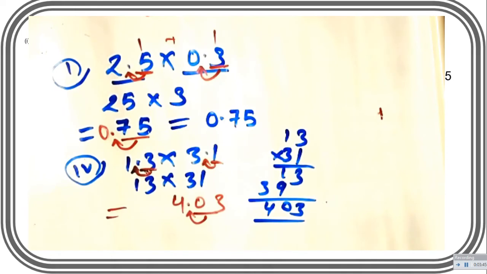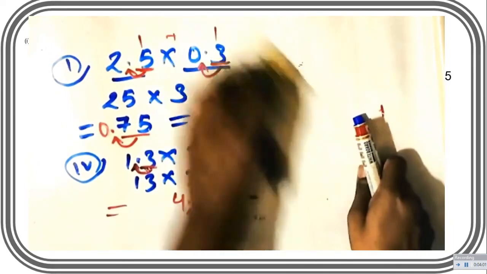Now I am going to take another question. Sixth part of this question. In the sixth part, the number is 11.2 multiplied by 0.15.